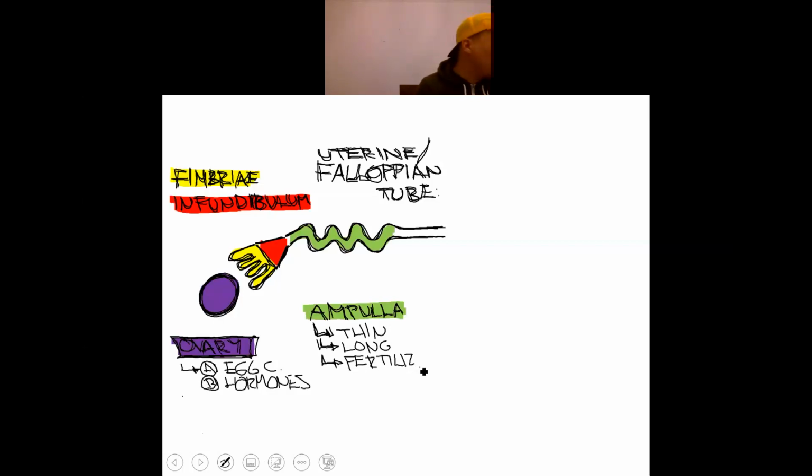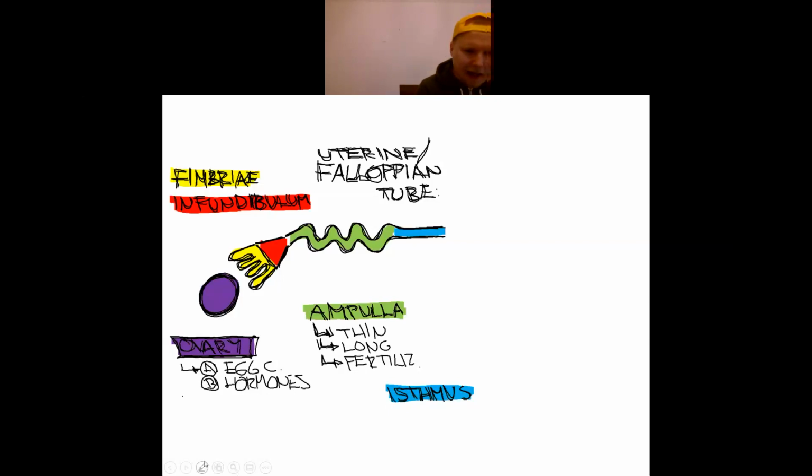The second part of the uterine tube that I want to include is going to be our isthmus. In terms of how it appears, the isthmus is a more straight, thick portion of the uterine tube, about 2 centimeters in length.